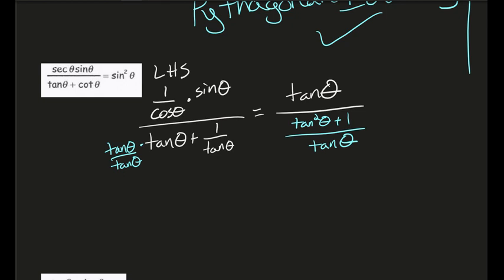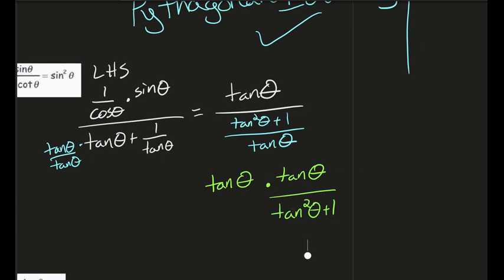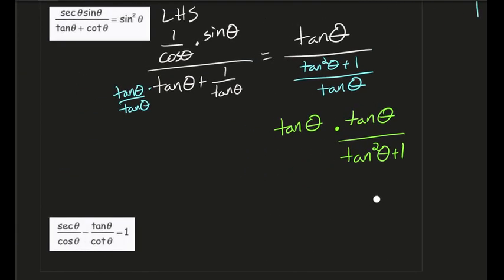Then, since we're dividing by a fraction, we can multiply by the reciprocal. All right. So then we have tangent squared theta divided by tangent squared theta plus 1.